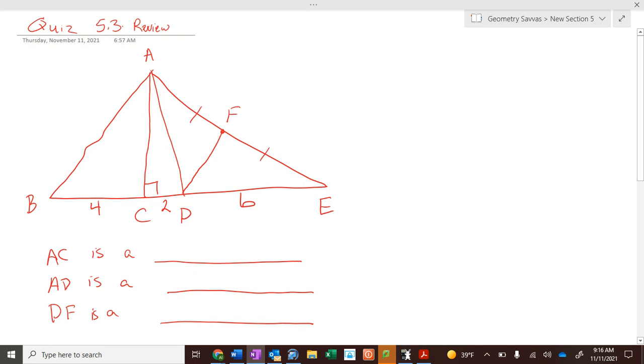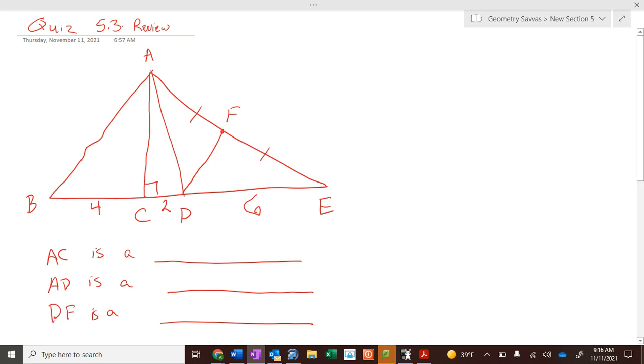Maybe that'll help. This is a 6. How about that? My screen is really messed up in parts of it. All right. 4, 2, and 6.